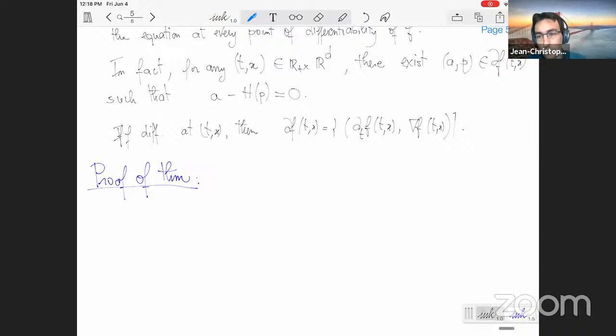So I'm going to decompose it into 3 steps. And in the first step, we verify that. So let's remember what the theorem is.